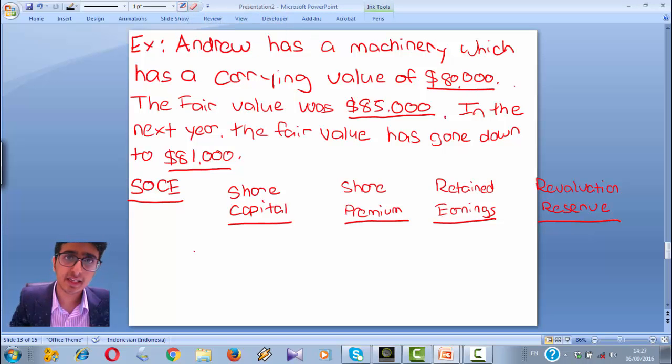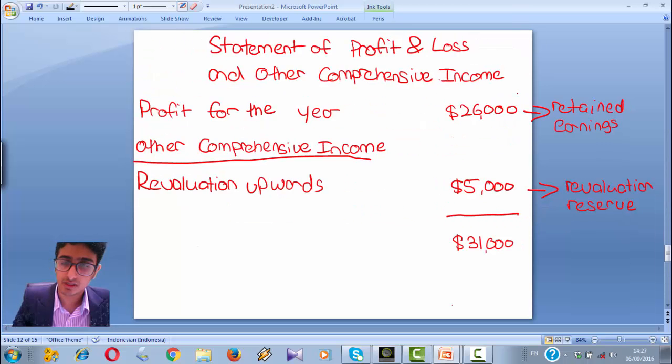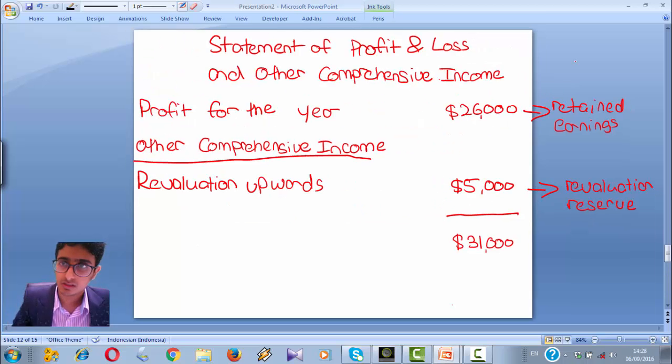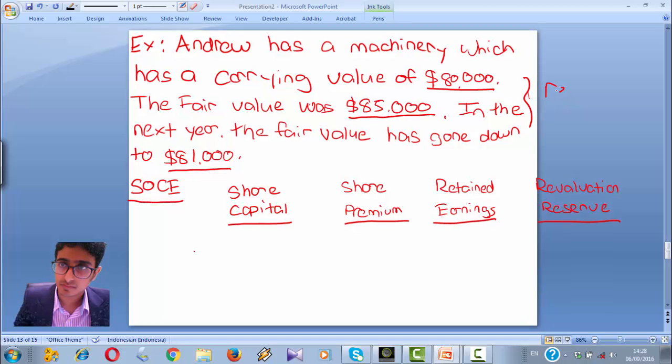So, can I say that when it went from 80,000 to 85,000, this one was a revaluation upwards? Yes, because my fair value is greater than my carrying value.